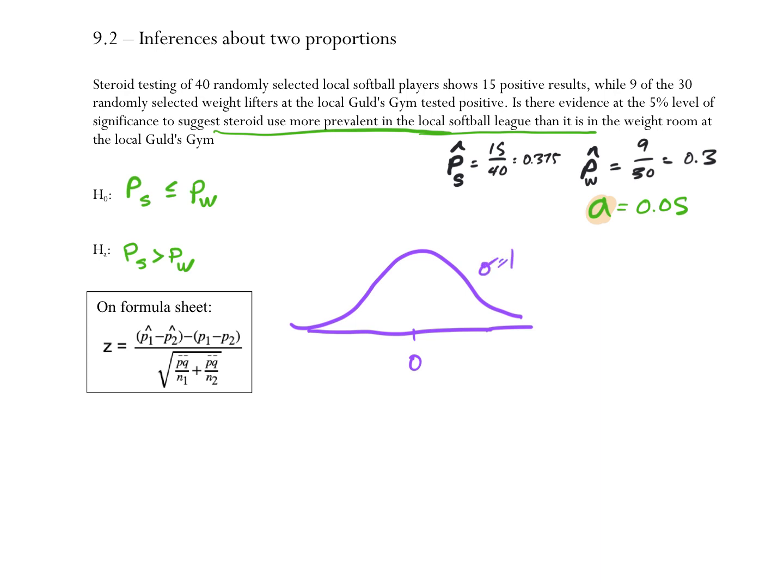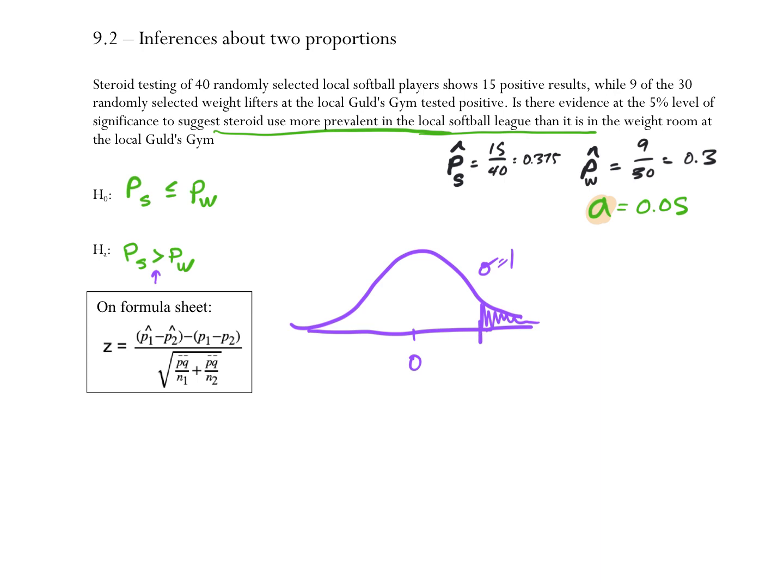So when it's Z, we use the inverse normal. Is this a right-tailed or a left-tailed test? Right-tailed, and I know that because the alternative hypothesis is a greater than. So I'm going to show you to the right.